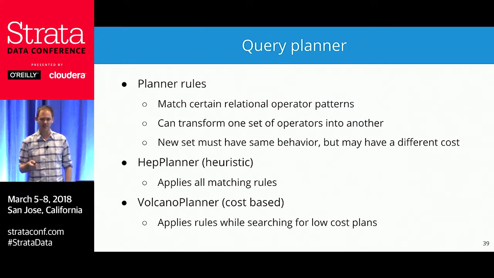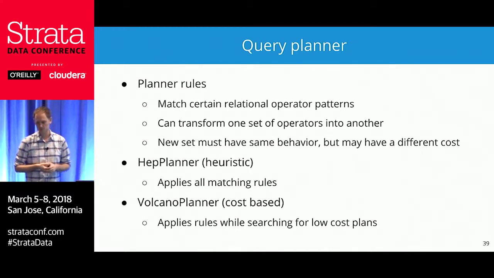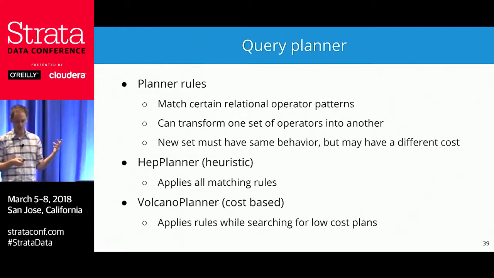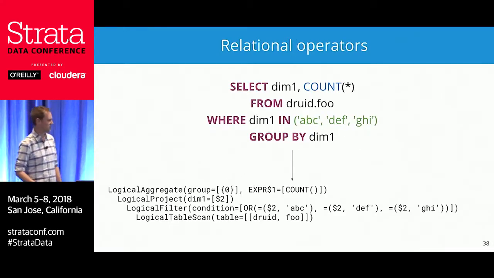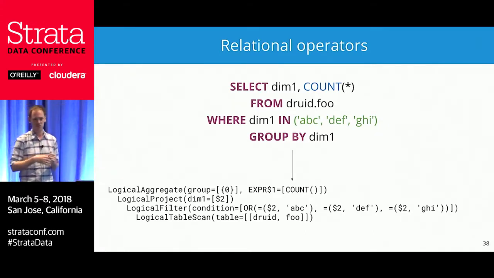So the query planner in Calcite is a framework that you can plug into. And a lot of what Druid, the meat of the Druid SQL implementation in Druid, is plugging into the Calcite query planner. So the way that the query planners work in Calcite, they have rules that match certain relational operator patterns. So for example, you might have a rule that matches a filter followed by a project and can swap them. So basic things like that. So reordering things. A lot of them do that.